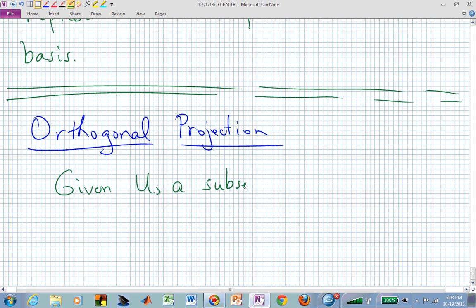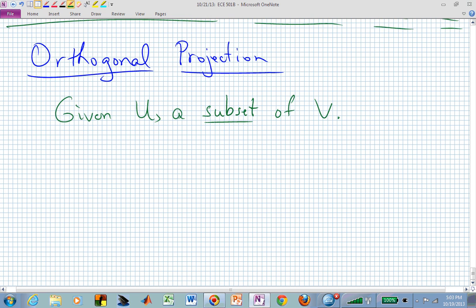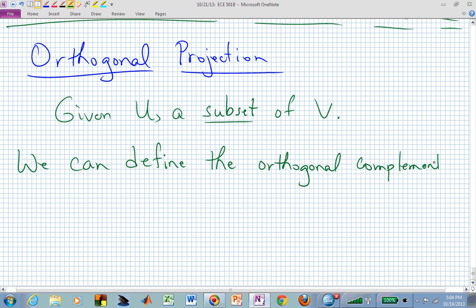Let's just let it be a subset of V. So now we have some collection of vectors that form a subset of our linear vector space V. From that subset of vectors, we can define actually what will turn out to be a subspace, but we can define the orthogonal complement of that subset U.